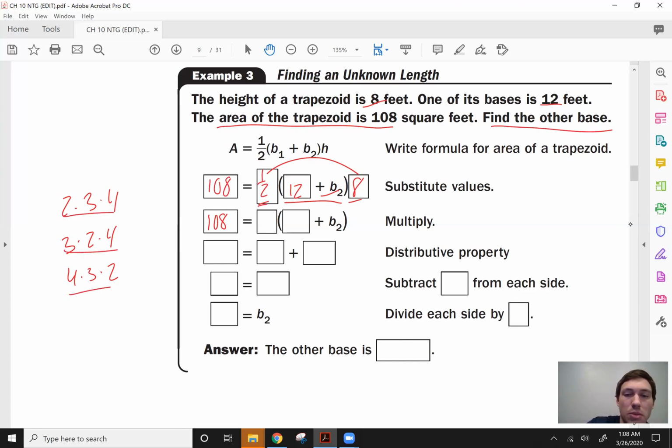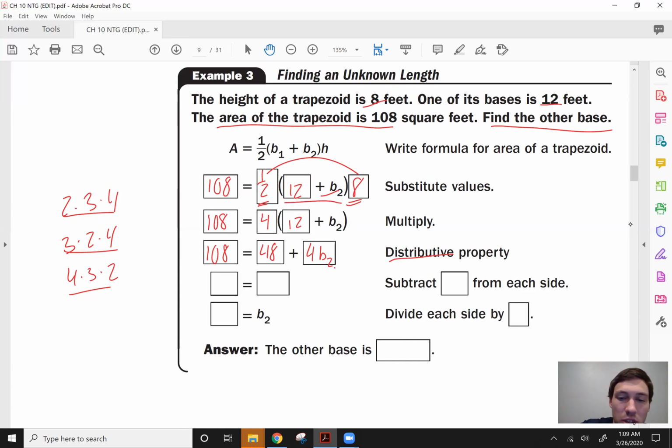So if I want to take a half and multiply by 8 first, that's okay. So that's just going to get me 4 times 12 plus base 2. Then I'm going to distribute. So I get 108, and then 12 times 4 is 48 plus 4 b sub 2.